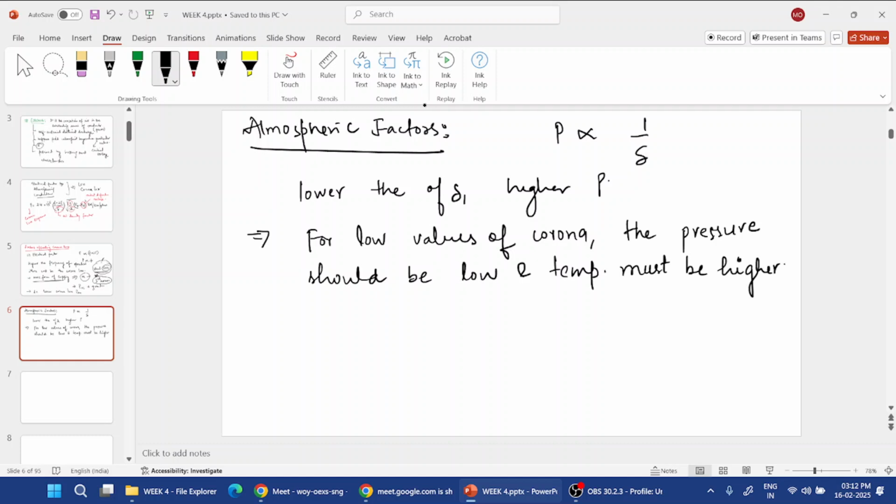That's why for low values of delta, the corona losses will be higher in hilly areas.